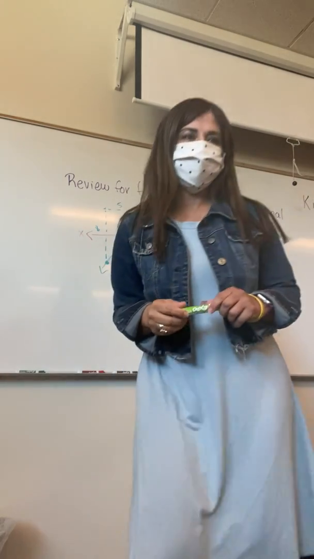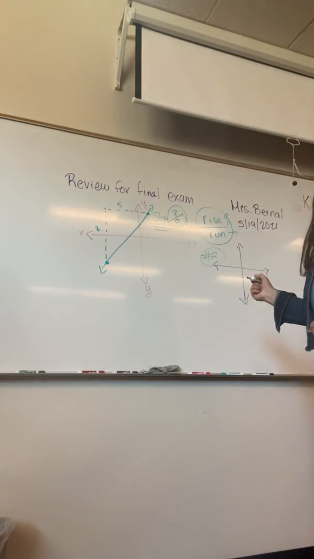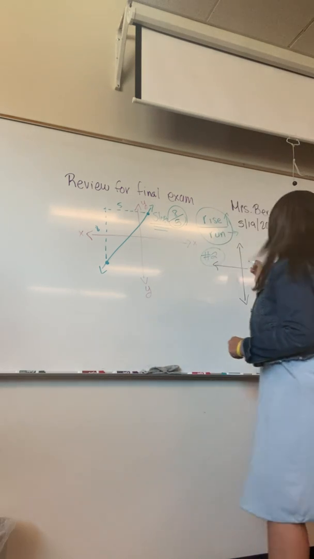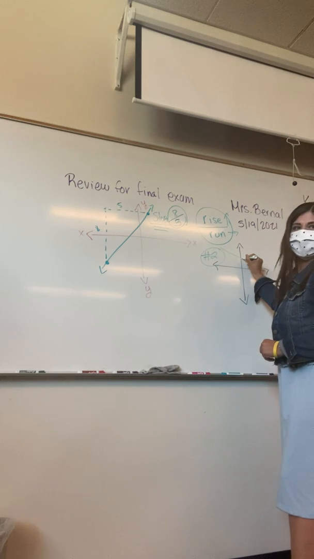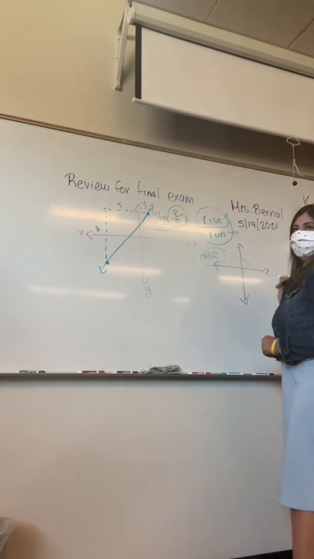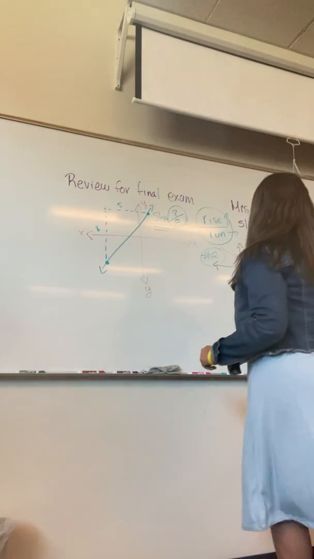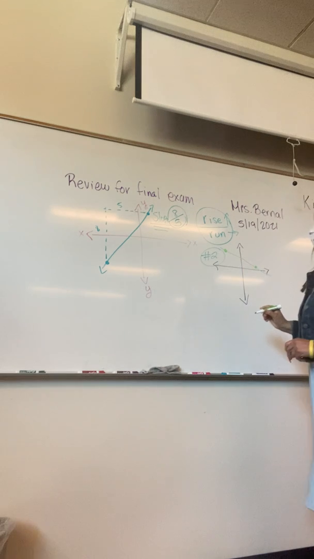The line is like to the side. Line is like this, okay? And the points that they're giving us, one is here and the other one is right here, okay?